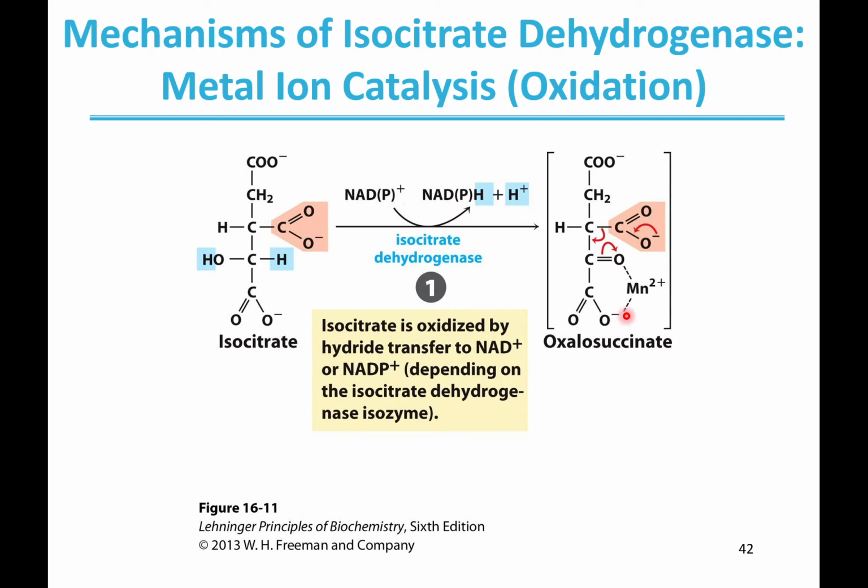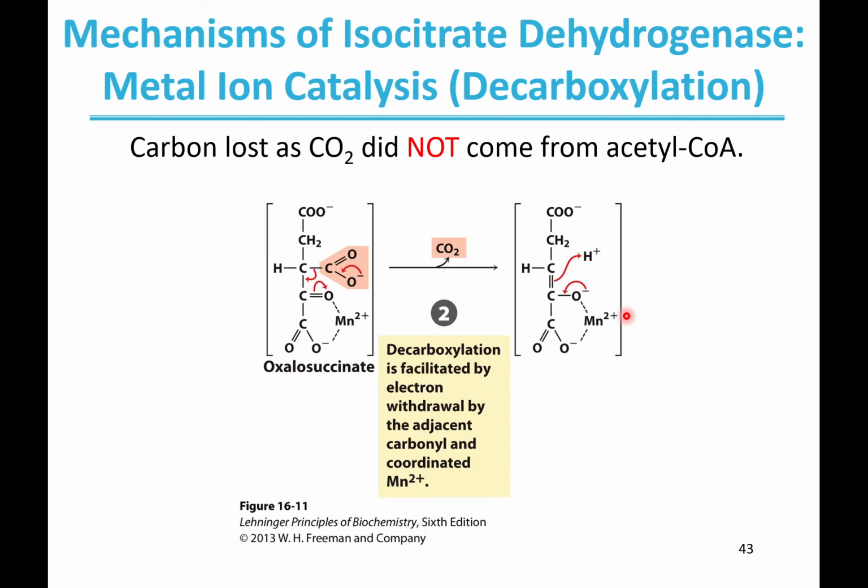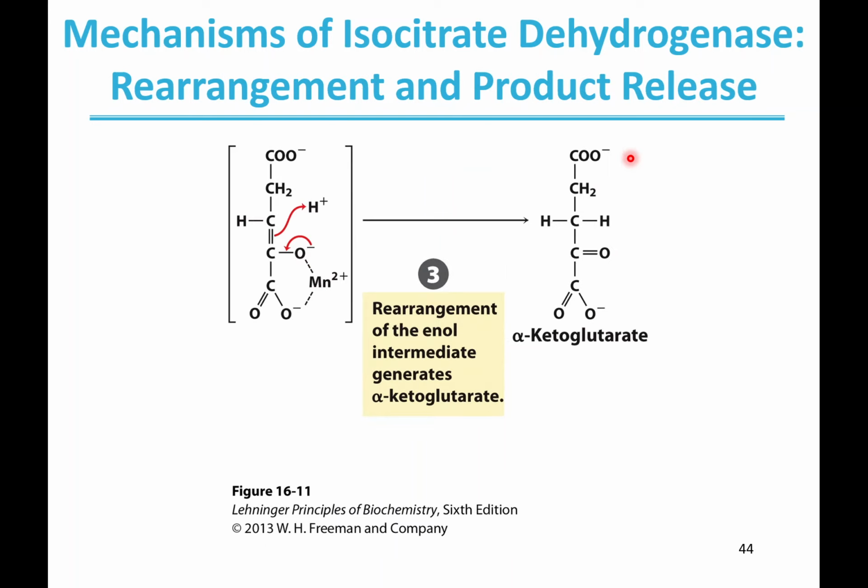You're forming the carbonyl group there, and then the carbon gets lost as CO2. Again, that carbon lost as CO2 did not come from the acetyl-CoA that was just put into the cycle. The carbons have to stay at least one turn in the cycle. Then you get the enol intermediate, which can undergo a rearrangement, and that generates alpha-ketoglutarate.